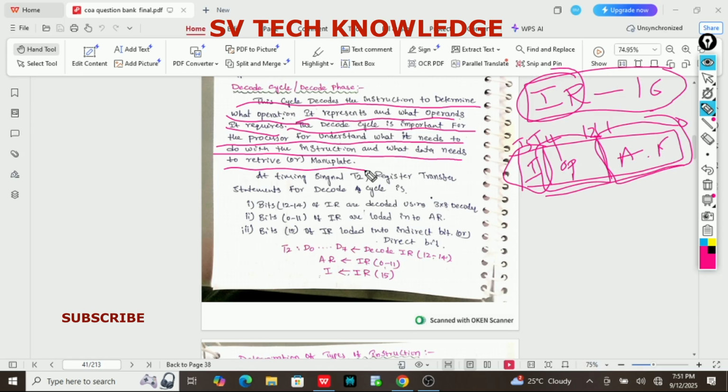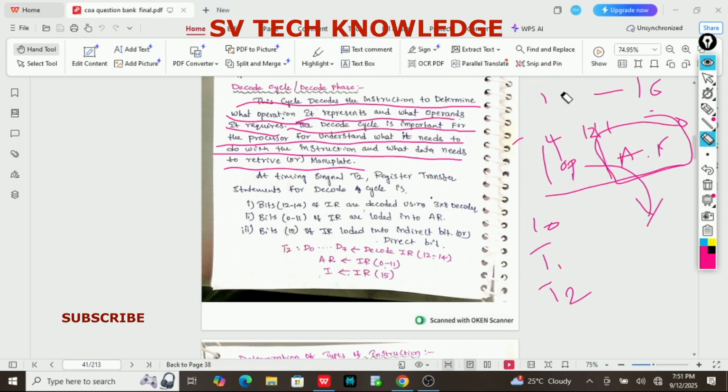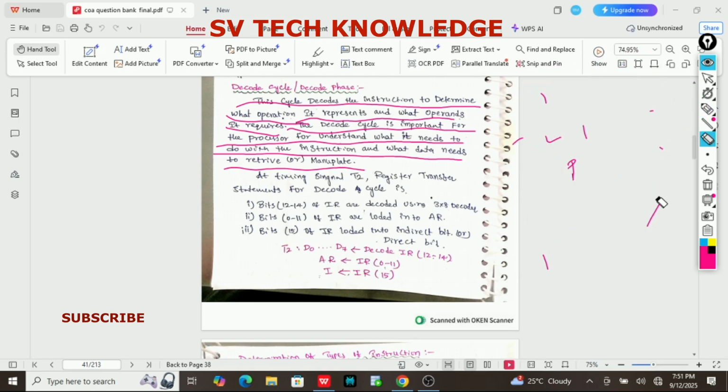As I said, T0 time is completed and T1 time is completed. Now at time T2, the entire instruction is going to be decoded. At time T0, what happened?